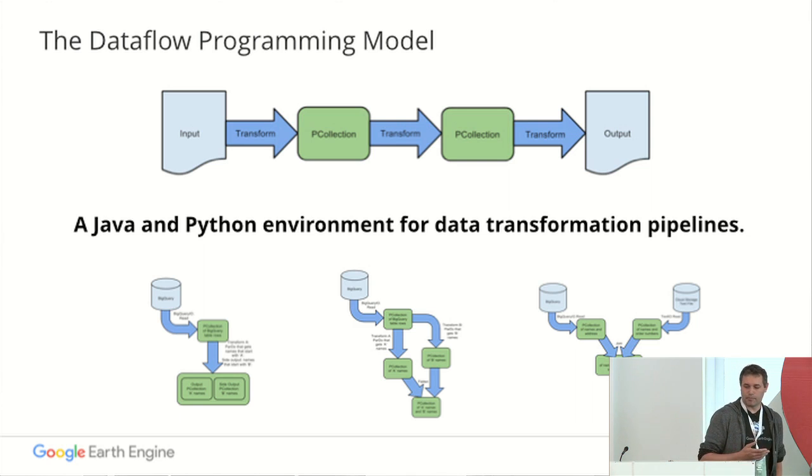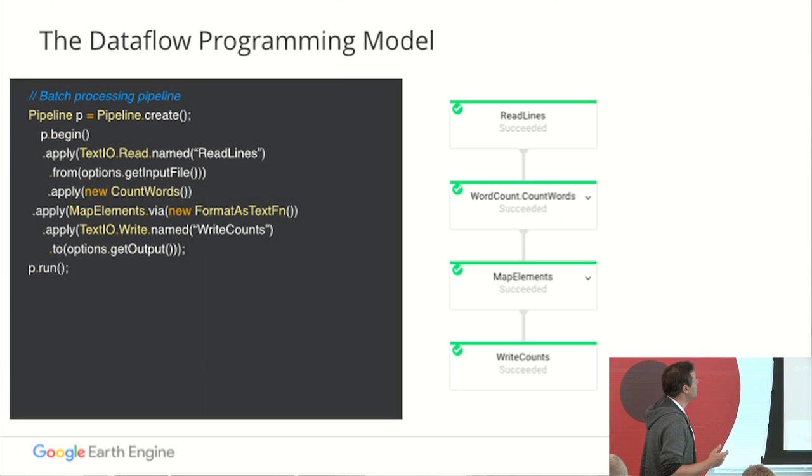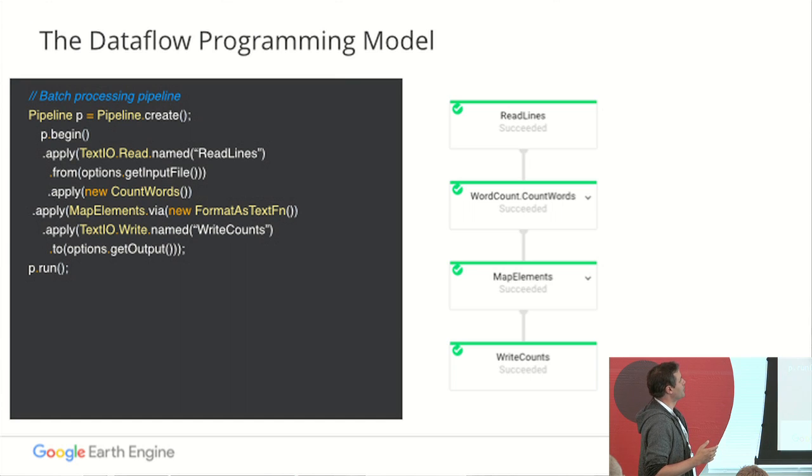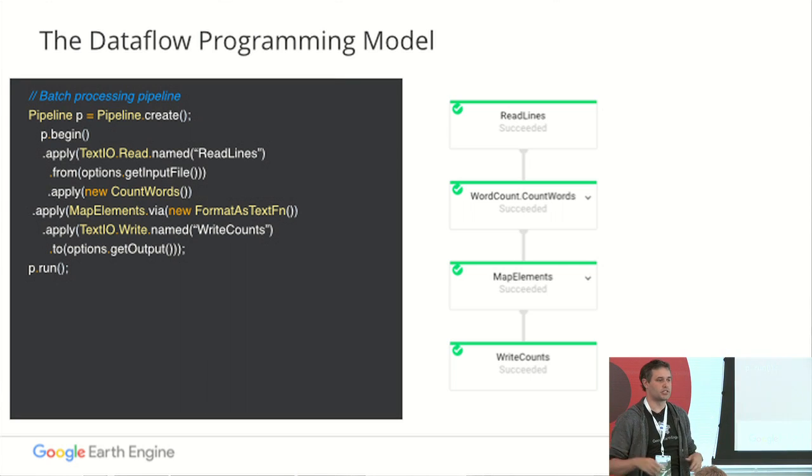So this is an example of a real-world Python application that in this case is reading in lines from an input file, with a counter here that counts the occurrences of individual words and then gathers them up and writes out the counts.